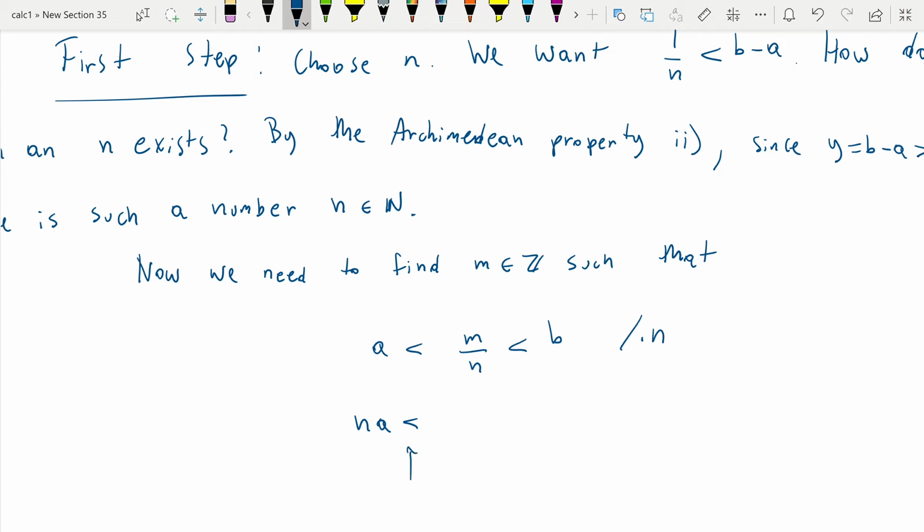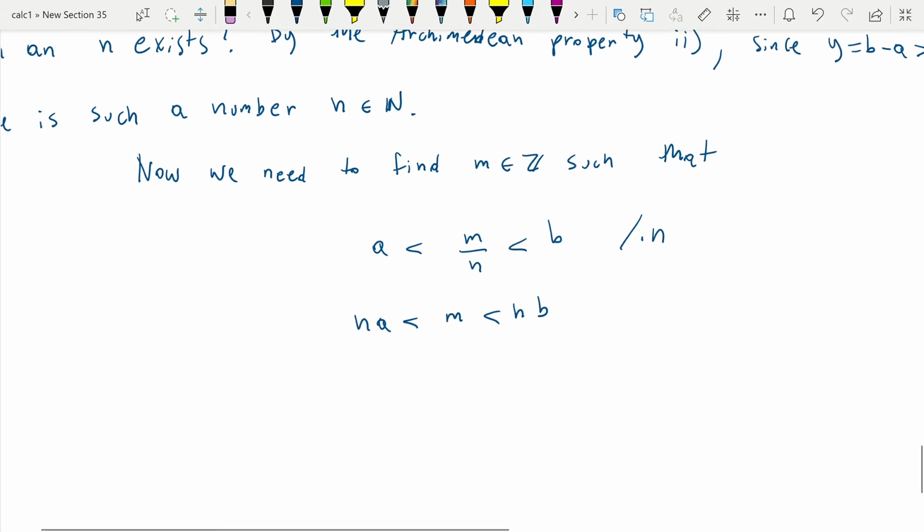So na is less than m, and then multiplying by n on all sides, we get nb. These two statements are equivalent, and you can go from one to the other by multiplying or dividing by n. So this is what we want to have. If we find a number m that sits between na and nb, we'll be done.